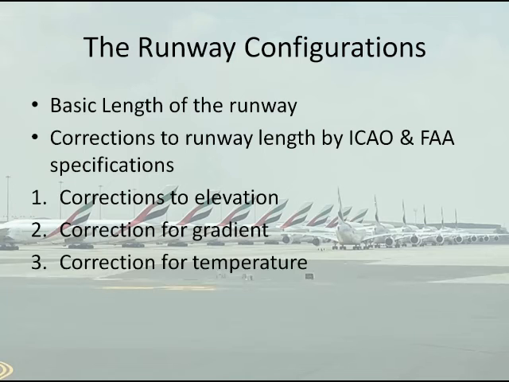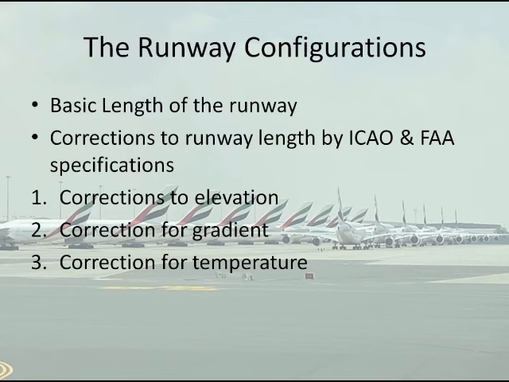Let us assume we do not have the airport at sea level; we have to apply a correction for the elevation. The basic runway length should be increased at the rate of 7% per 300-meter rise in the elevation of the airport above the mean sea level.